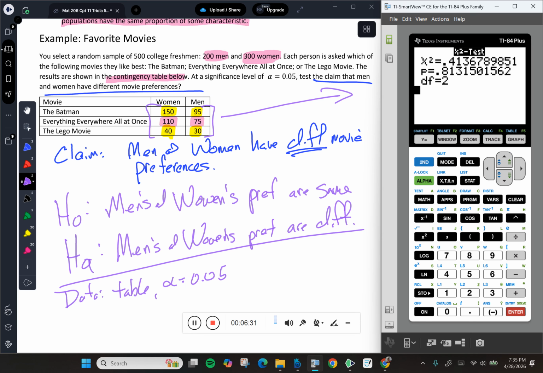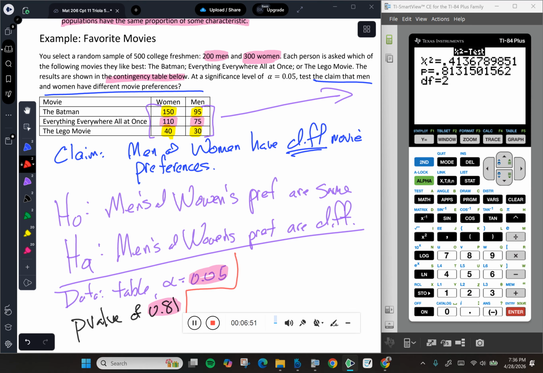Calculate. I have a chi-squared test statistic of 0.413, but more importantly, I have a p-value of 0.81. When I compare p to alpha, p is greater than alpha.